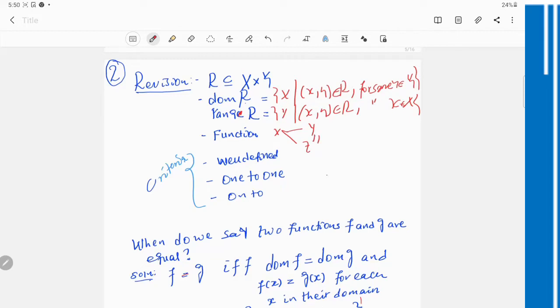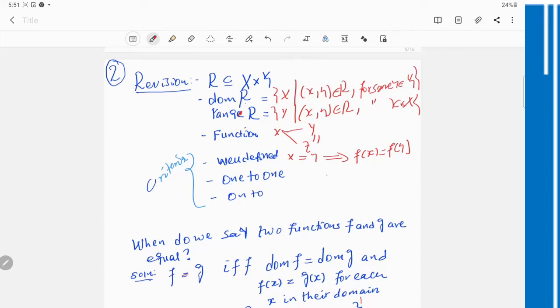We can say a relation is a function, and this is the criterion to check well-definedness. That is, if x equals y, then the functional values must be equal. Then we say this is a well-defined function.